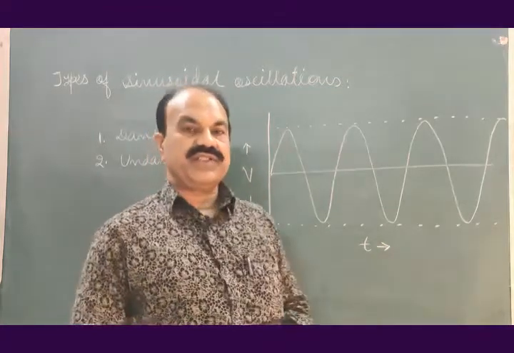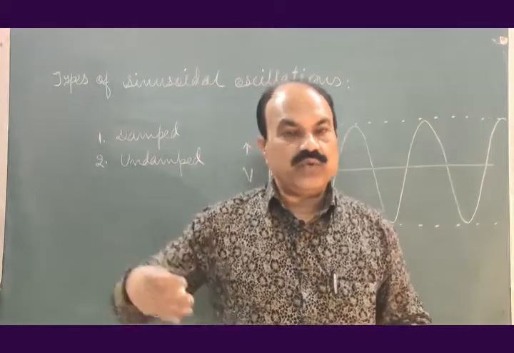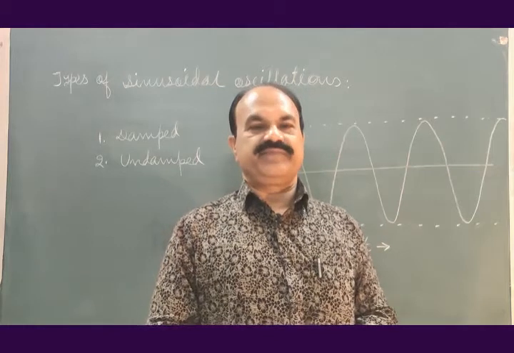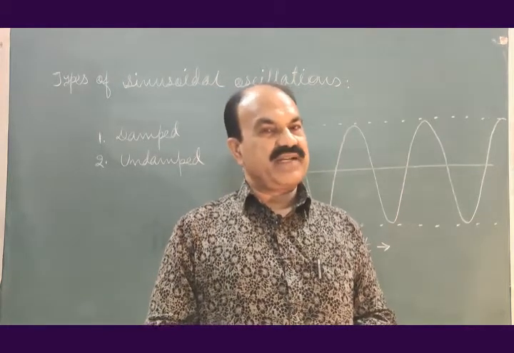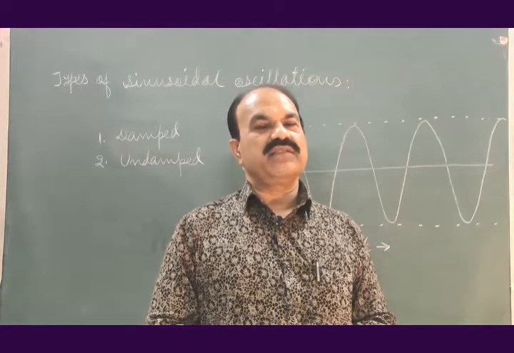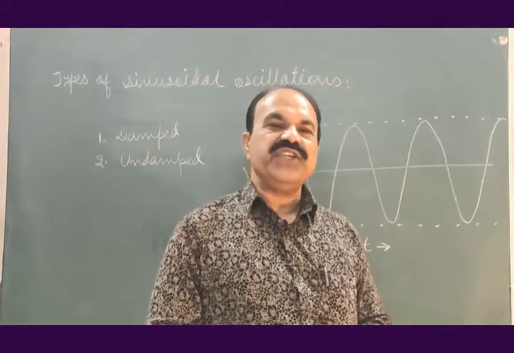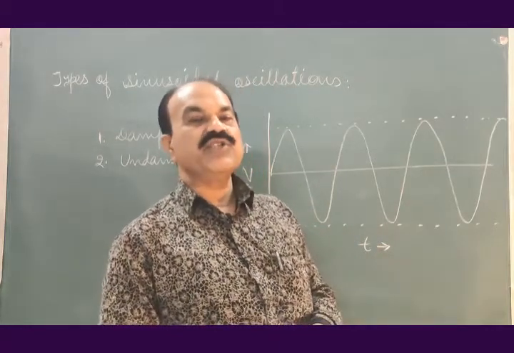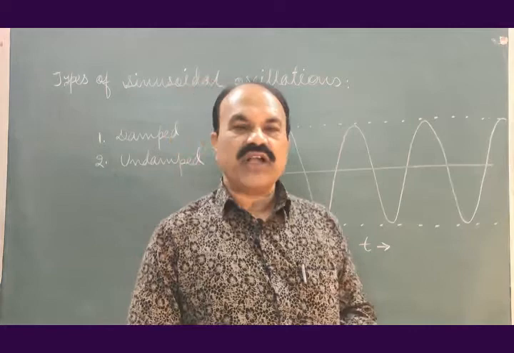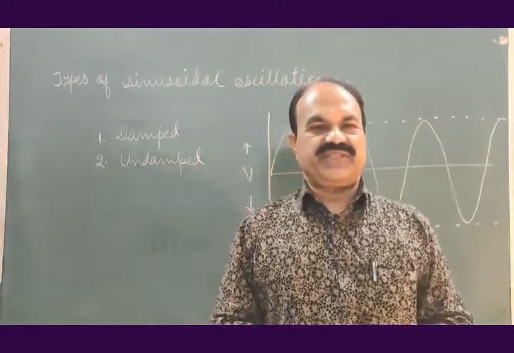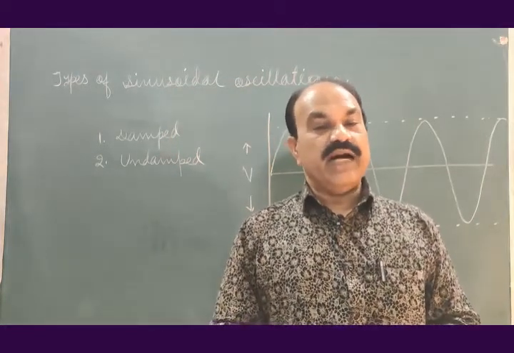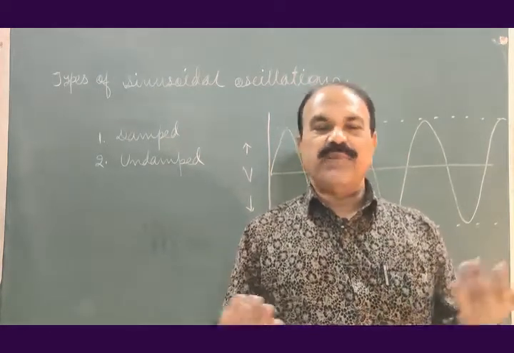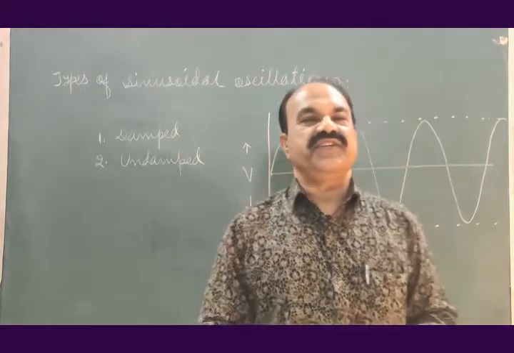These oscillations have to pass through that electrical resistive path, and when they pass through it, some part of the energy of these oscillations is used up, spent in overcoming that resistance, and therefore the energy decreases. As energy decreases, the amplitude will also decrease continuously.